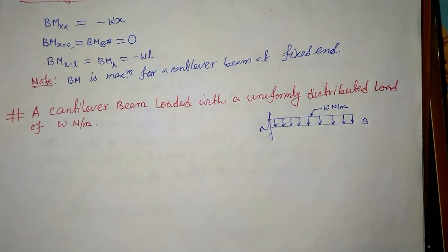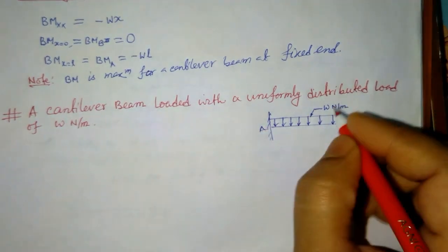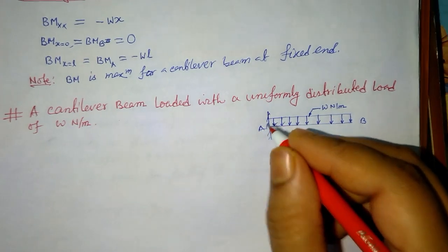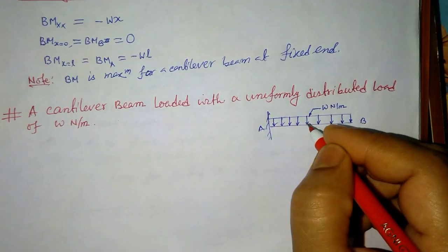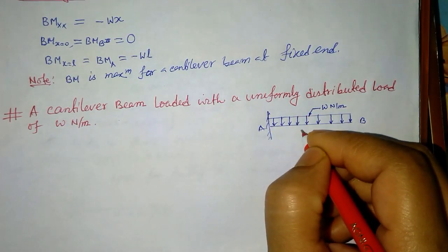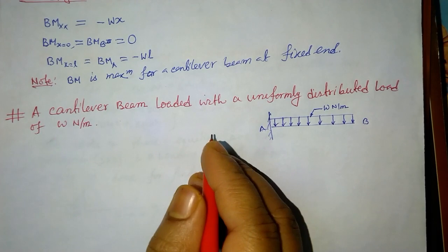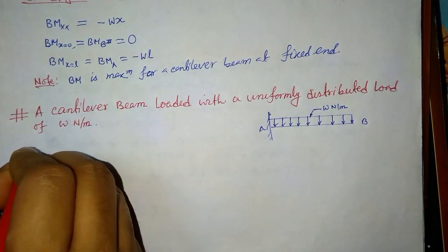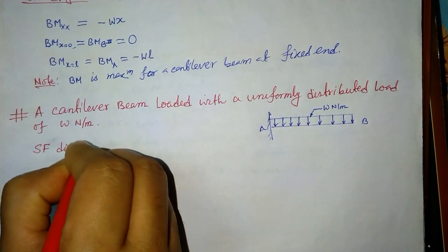As already discussed, first our task is to find the reactions. For a cantilever beam, if we take the section from the free end, then we don't need to calculate the reactions. But if you take the section from the fixed side, then you must find the reactions. For that I am not going to determine the reactions directly, I am moving to the shear force diagram, SFD.